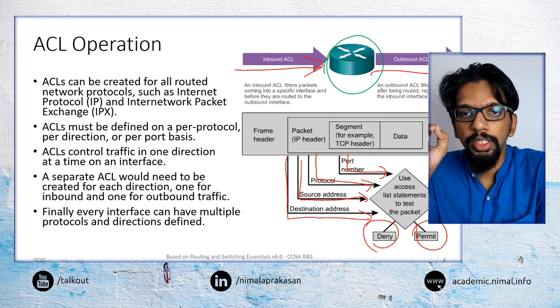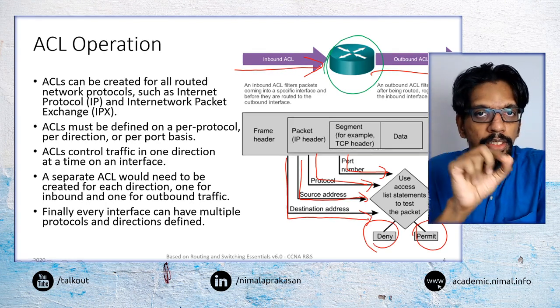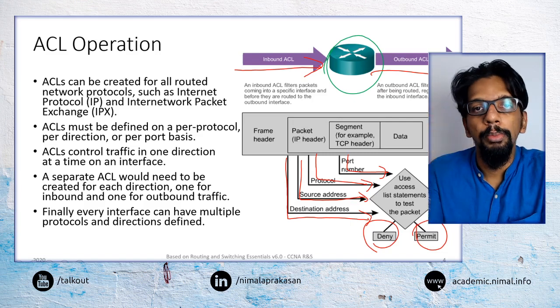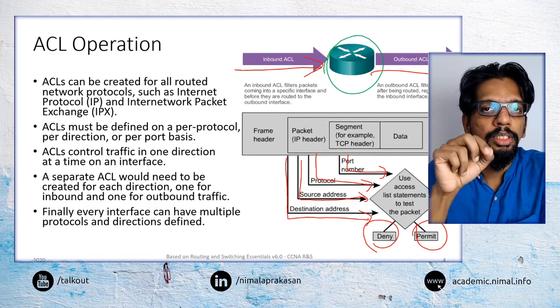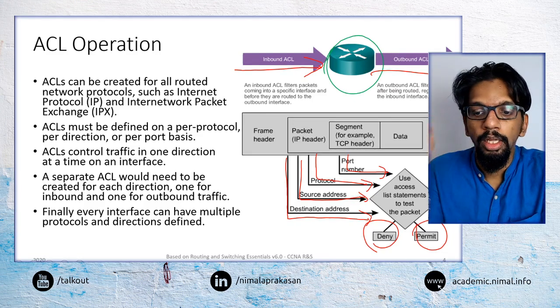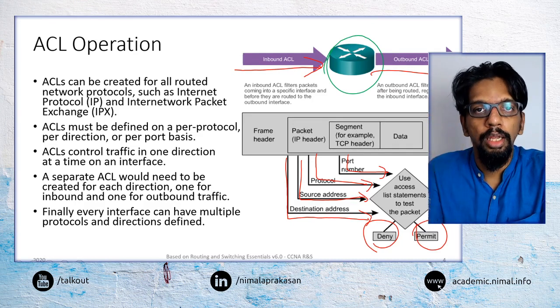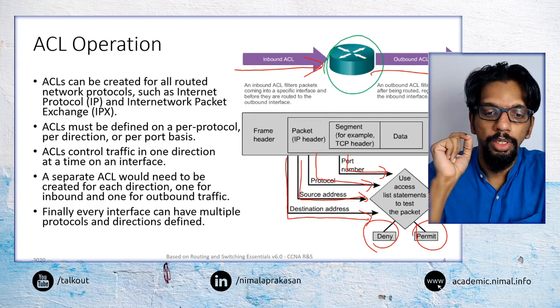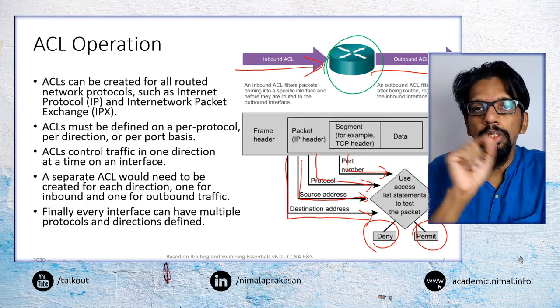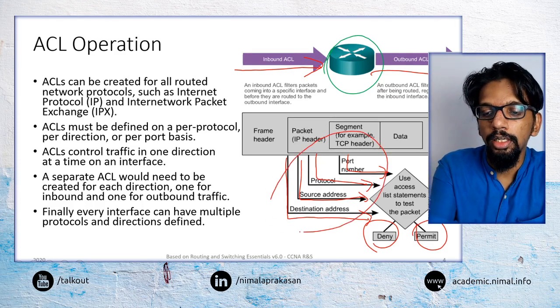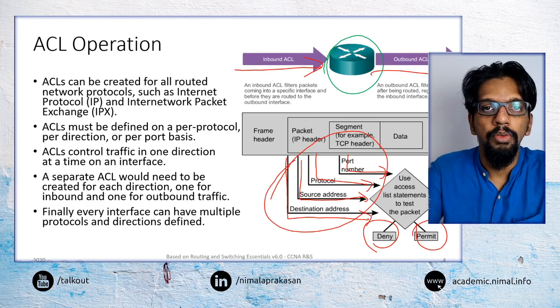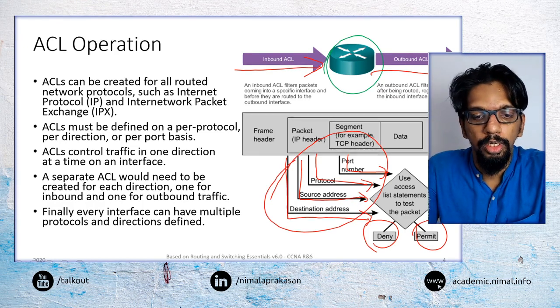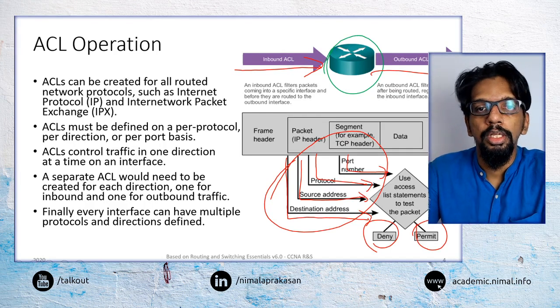For each of these conditions we can say if the destination address is this, permit, or if the source address is this, permit or deny. If the protocol is this, again permit or deny. If the port number is this, again permit or deny. So we can have these rules based on all these criteria, and we can specify whether it is a permit or deny for each of those situations.